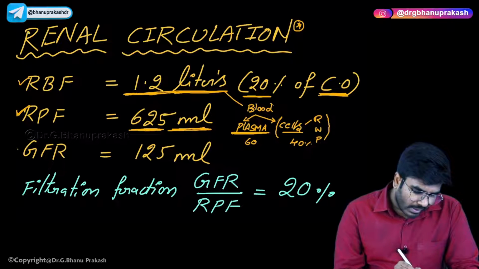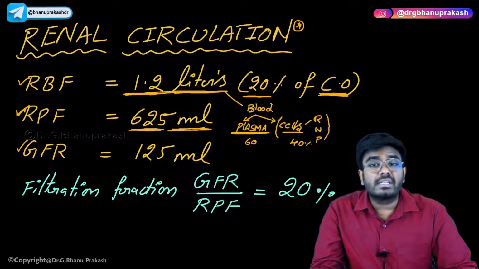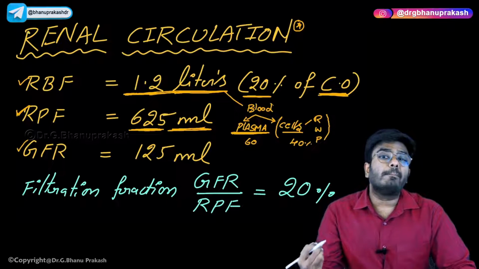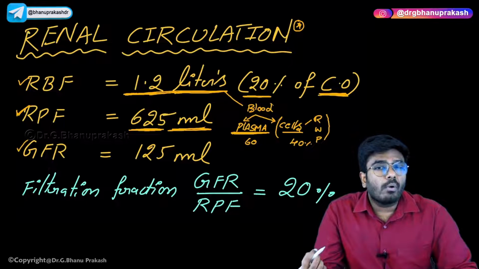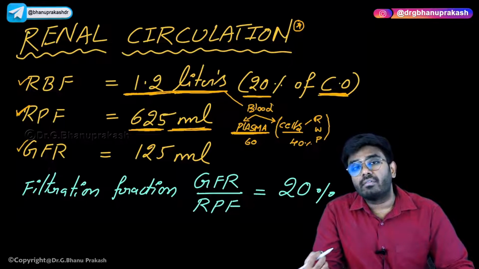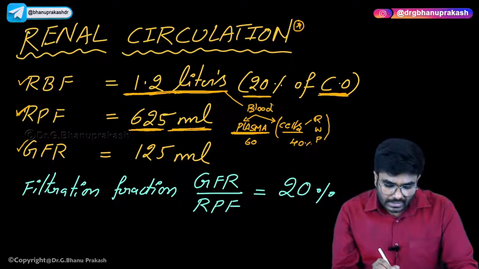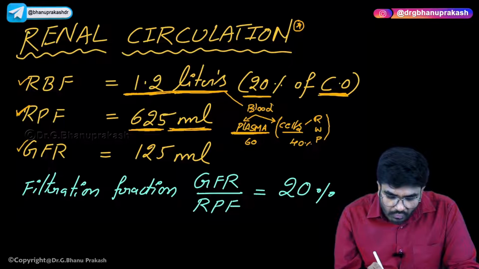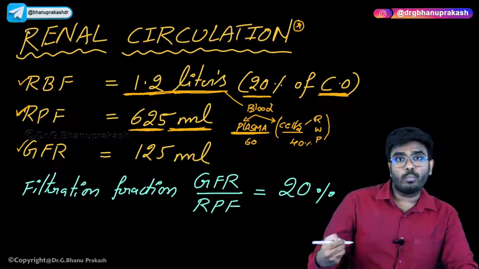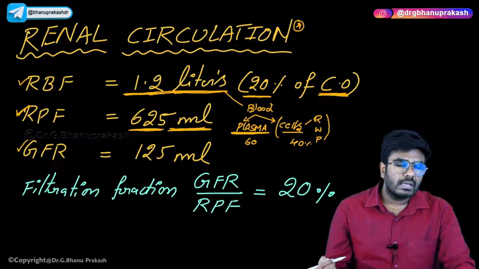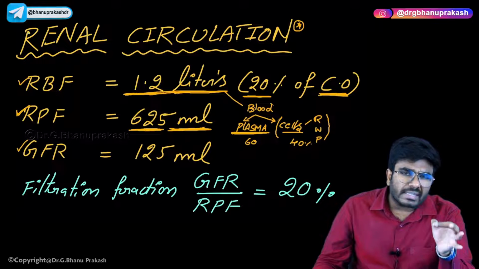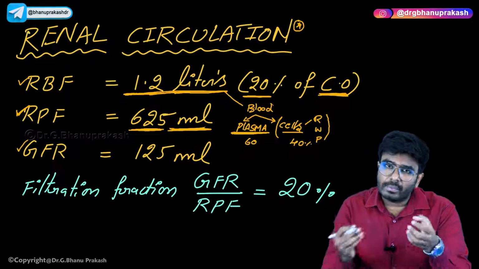Now, what is the GFR? Glomerular filtration rate, per minute. How much filtration is happening at the level of the glomerulus or the nephrons? How much is getting filtered? See, 625 ml of plasma is going to both the kidneys for the process of filtration. I am asking you, will this entire 625 ml be filtered?